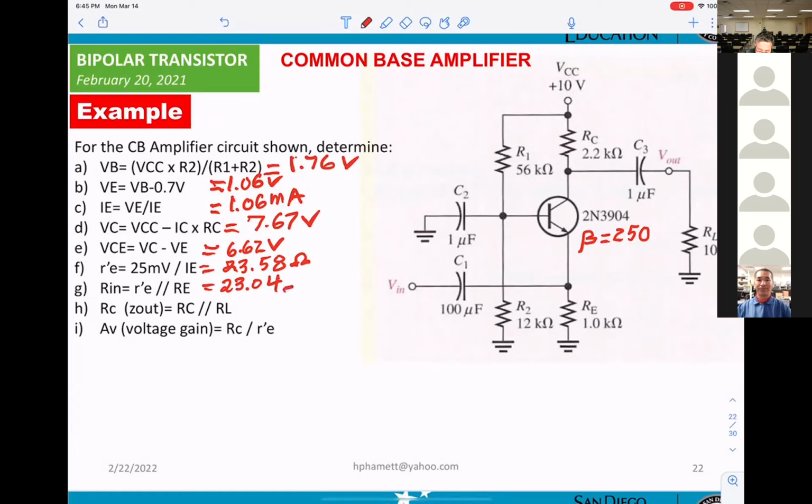RC, output impedance, 1.8. Voltage gain equals 76.3. So if you see any different answer from mine, let me know.